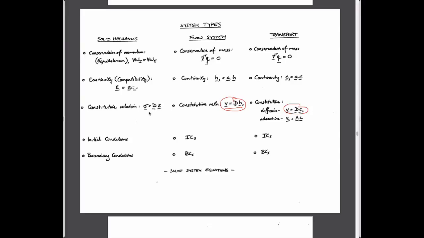In the systems that we look at, if it's Navier-Stokes flow, then the constitutive relationship that we put in is the one where shear stress is equal to viscosity times the rate of change of velocity with location.